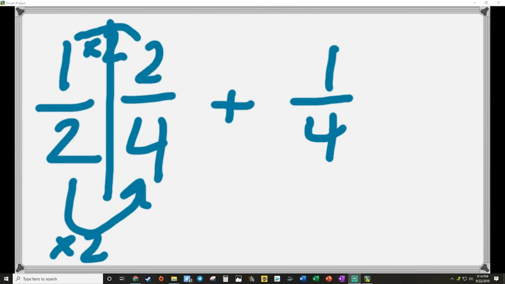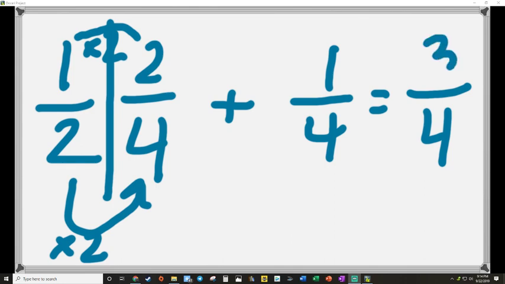How you add is simply keep the common denominator and add the numerators. So 2 plus 1 equals 3. So 1/2 plus 1/4 equals 3/4. Now, same thing with subtracting. You have to have a common denominator whenever you are subtracting.